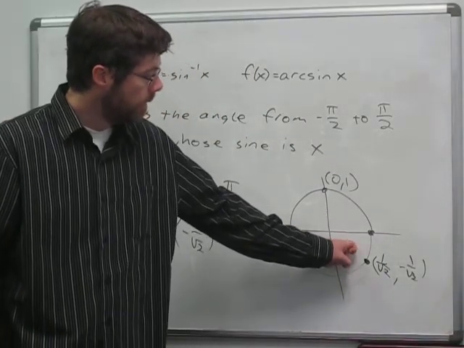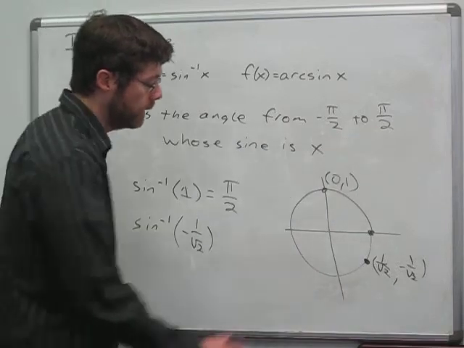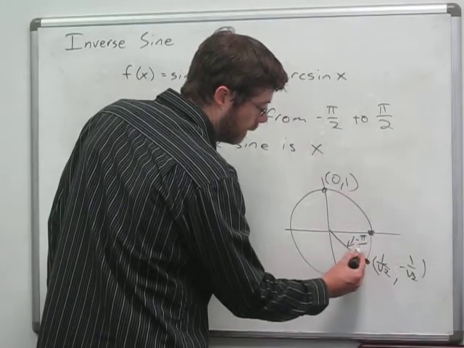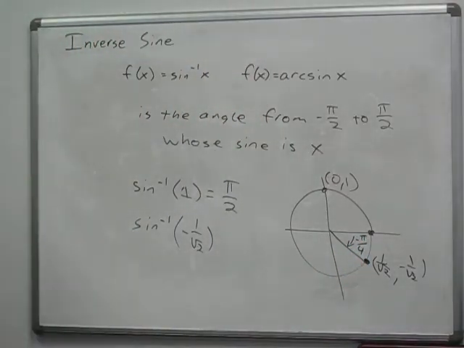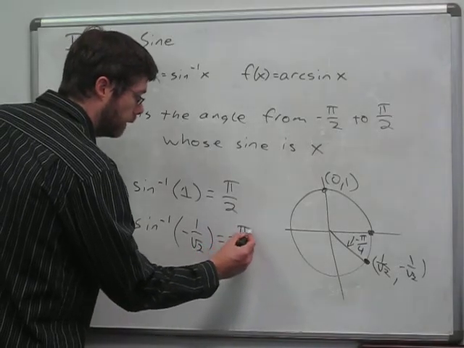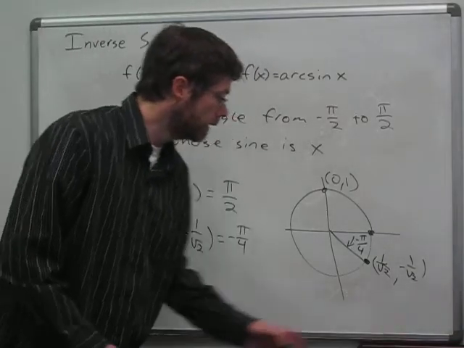Right? And the rotation between -pi/2 and pi/2 that makes that happen is a rotation of -pi/4. So sine inverse of -1 over radical 2 is equal to -pi/4.